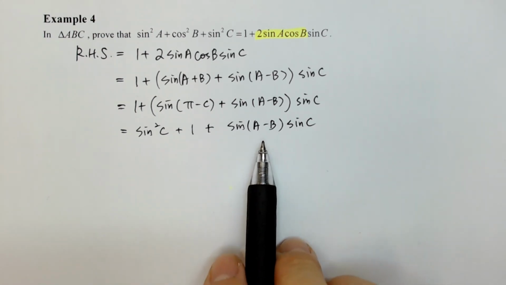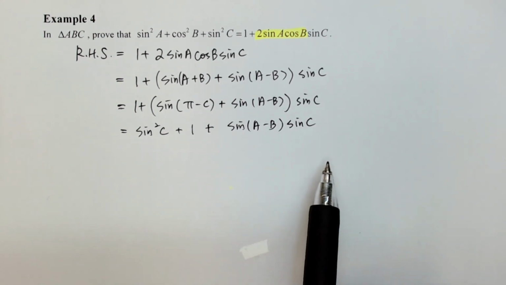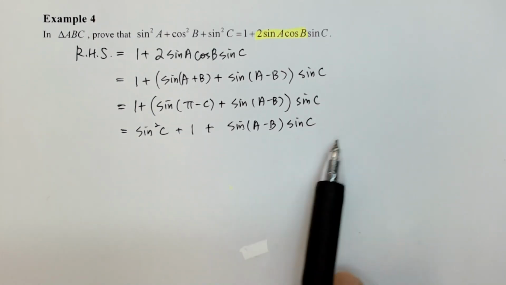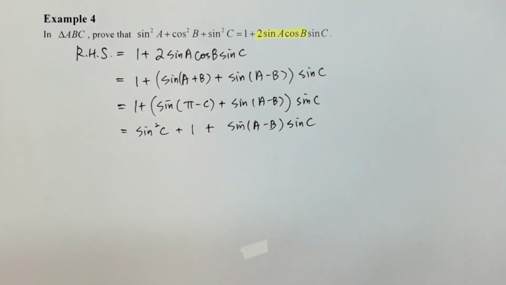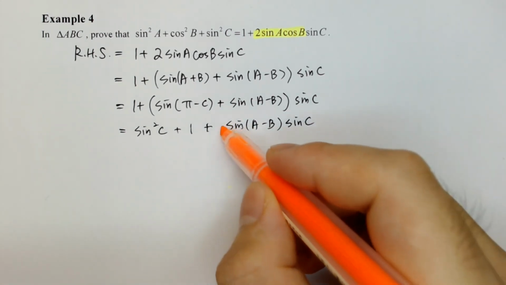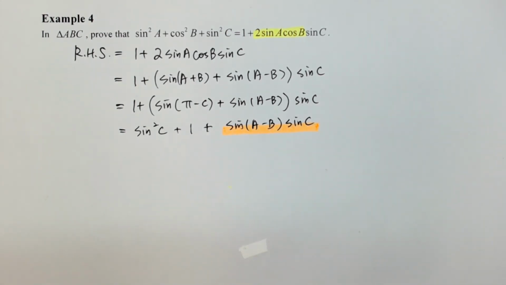Here, you can rewrite C in terms of A and B, and then do something related to angle A and B. Also, you can consider this as the product of two sines, and how to rewrite this?